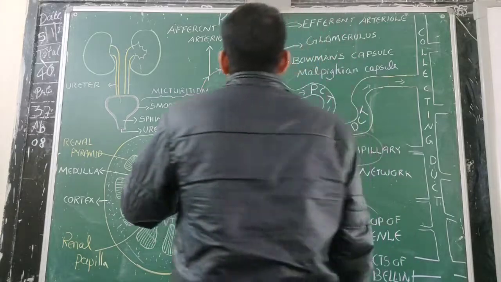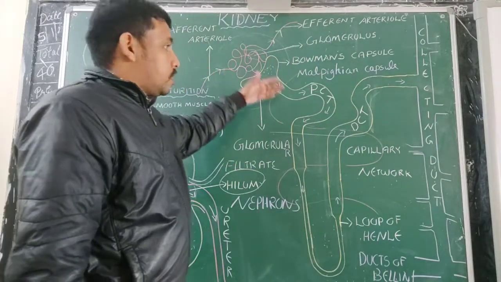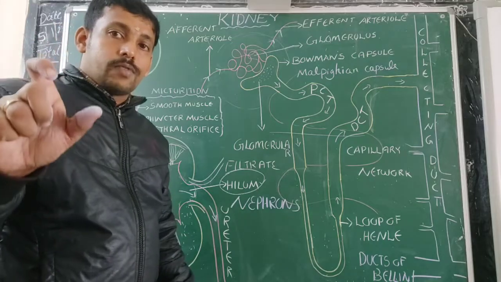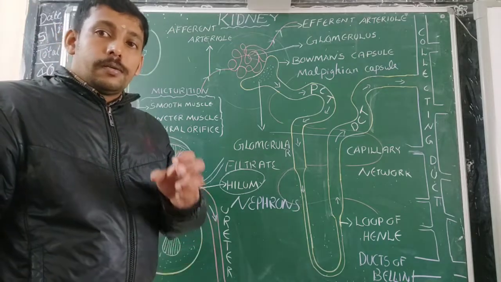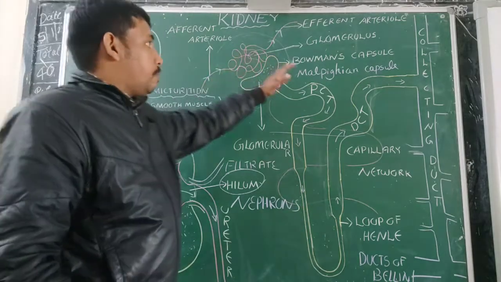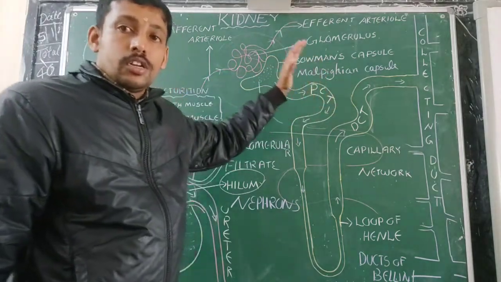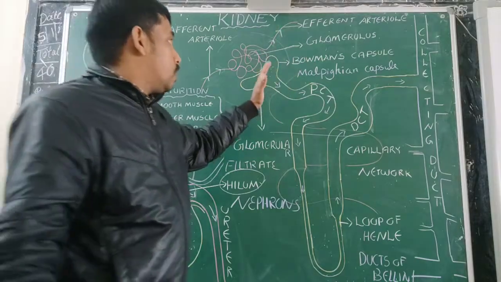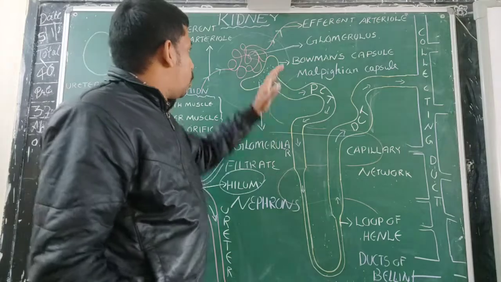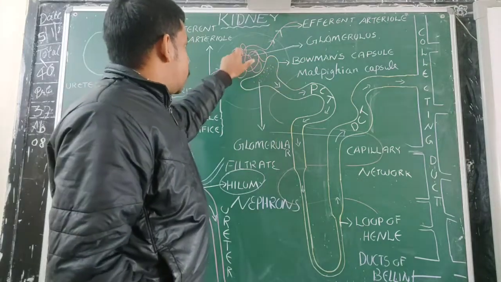Then we come to the nephrons. Nephron is the structural and functional unit of the kidney. And this nephron has what? There is a Malpighian capsule or Malpighian body, and that Malpighian body contains a cup-shaped Bowman's capsule. Then there is the glomerulus.